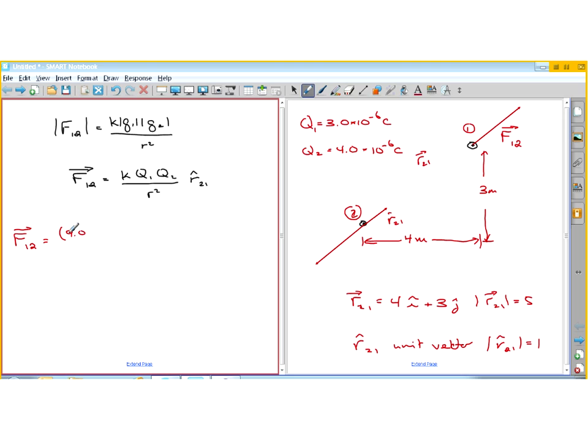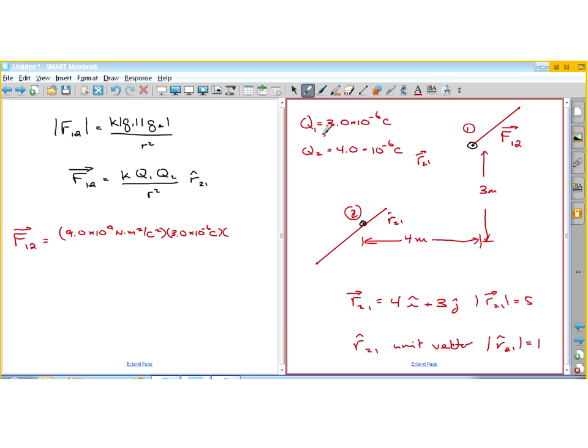So K is 9 times 10 to the 9th newton meters squared per coulomb squared. And then we have Q1, which is positive 3 times 10 to the minus 6 coulombs. So it's 3 microcoulombs. You could write that as 3.0 microcoulombs.